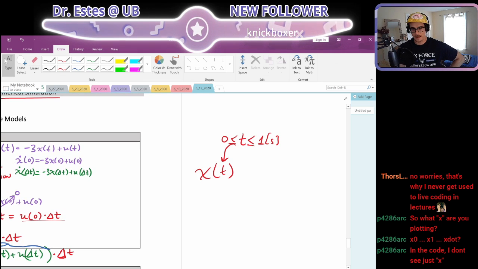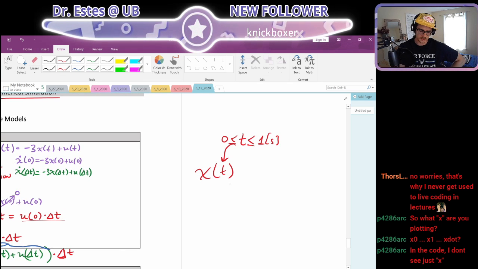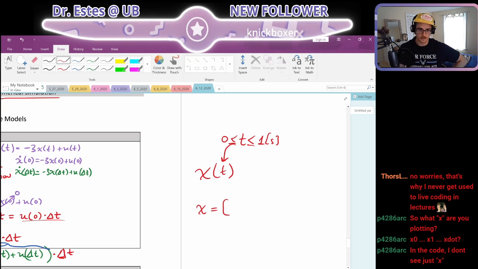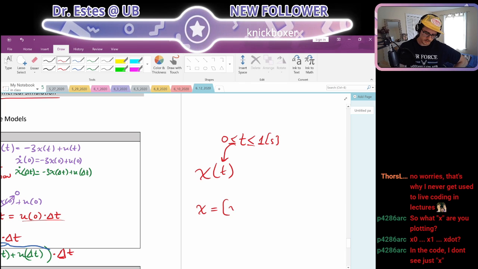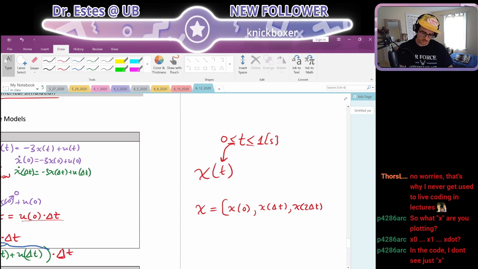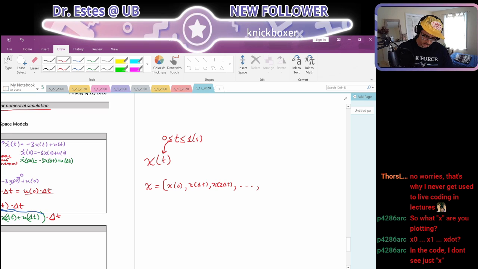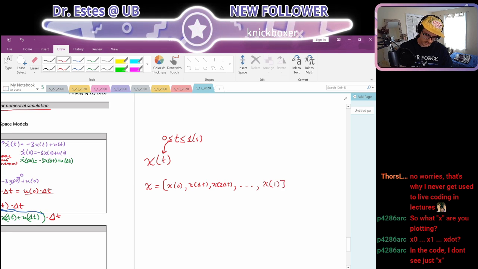Well, in MATLAB, the way that I have to do this is I have to break x into a vector. And it's going to be x at time 0, and it's going to be x at delta t, x at 2 delta t, and it's going to go all the way up to x at 1 second.